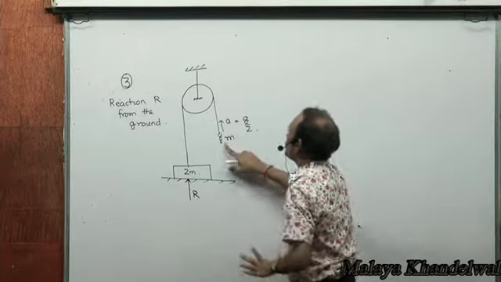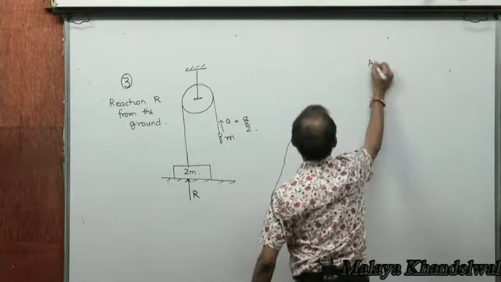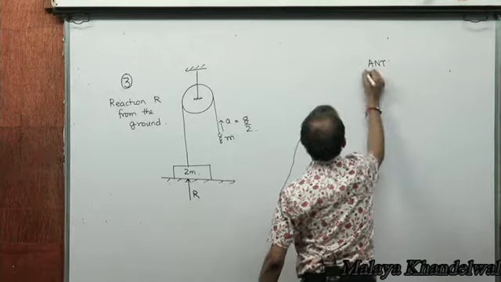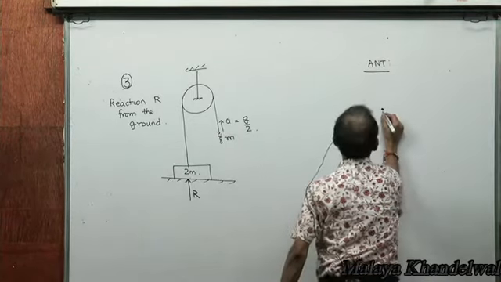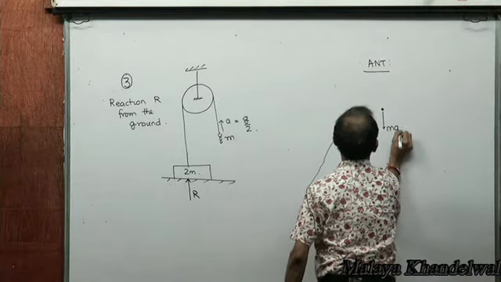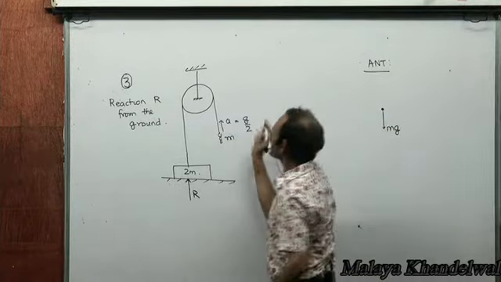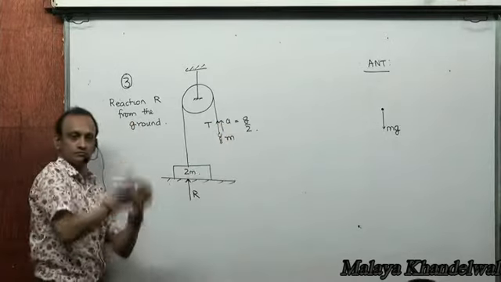Now, let me first look at the free body diagram of the ant alone. So ant, there is mg downwards, right? The string exerts a tension force T upwards on the ant.